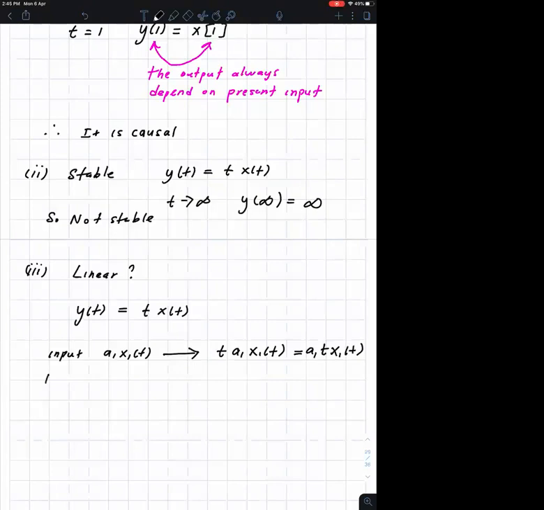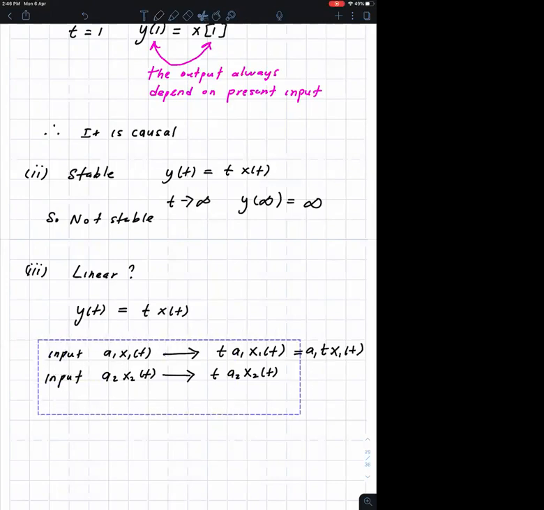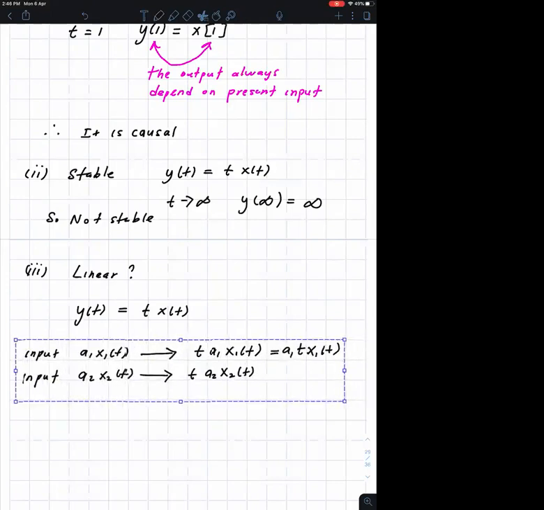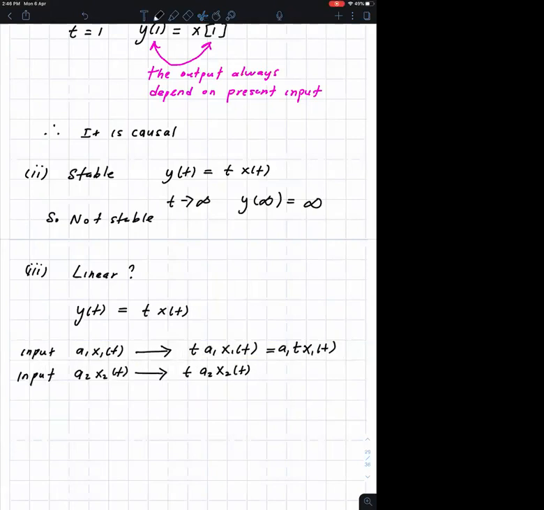If you put another input a2 x2(t), it's going to give you t a2 x2(t), which can be written as a2 t x2(t).